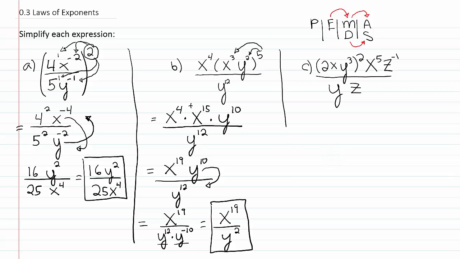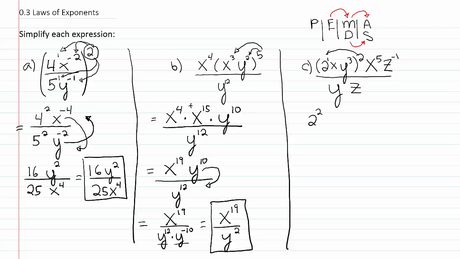All right, the last one we're going to work out then is C here. And we'll do the same thing we did before. We're going to work the problem out by starting by eliminating this parentheses. So we're going to bring in the 2 into each piece. Now remember, the little 2 inside the parentheses has an exponent of 1, so it's 2 times 1 to give you 2 squared there.